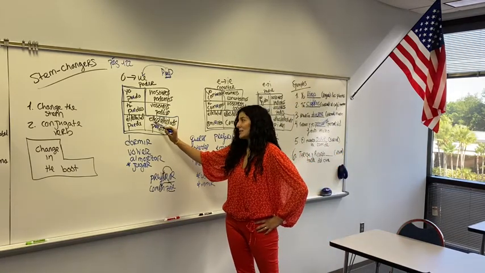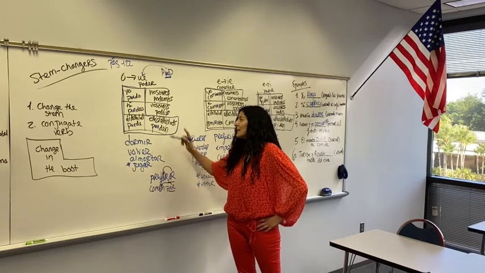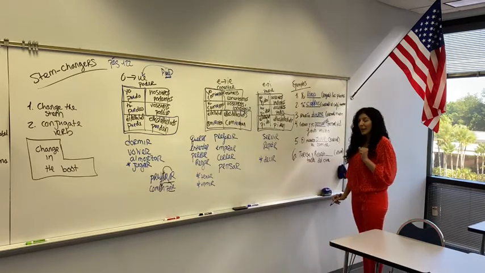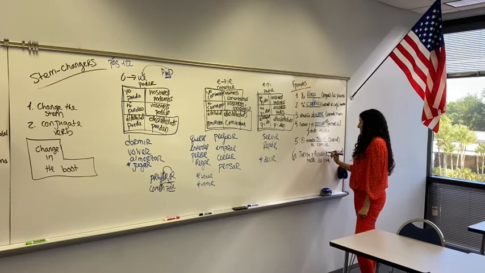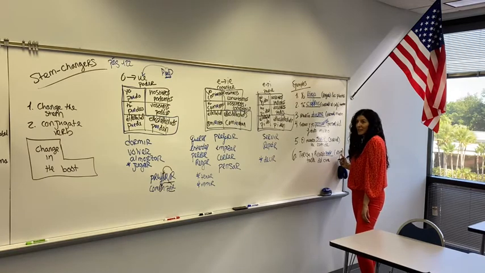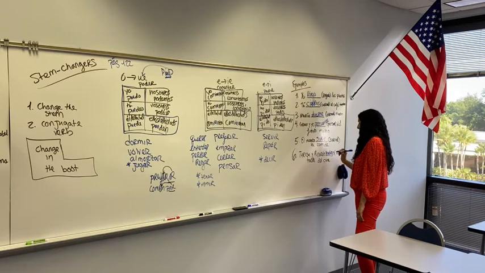In this case, it would be ellos because it's mixed gender. So that means, yes, it is in the boot. So I want to take out that O and replace it with UE whenever I rewrite the stem. Okay? And then I just want to conjugate it according to regular ER verbs in accordance with they, right? So vuelven.